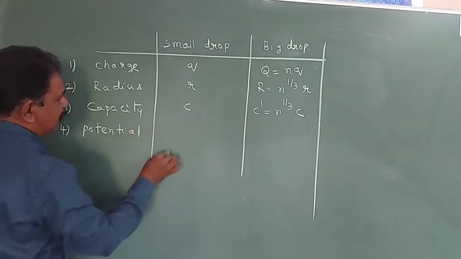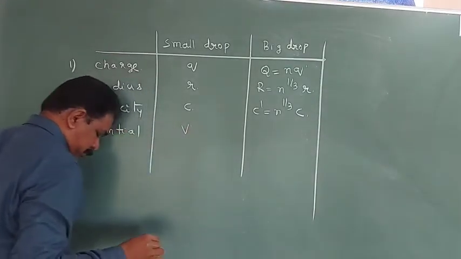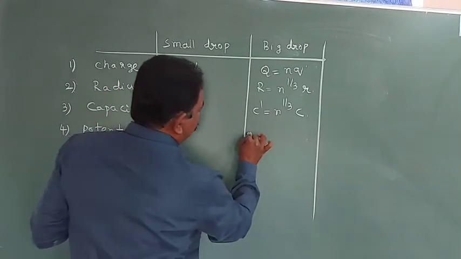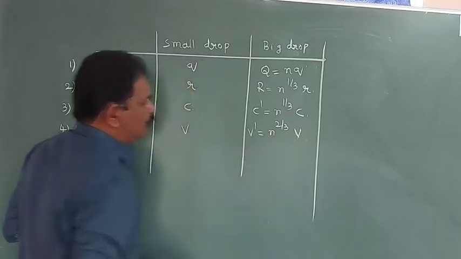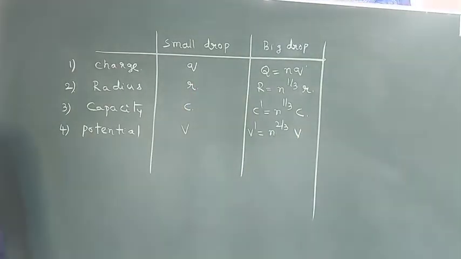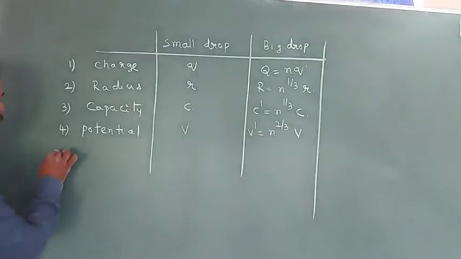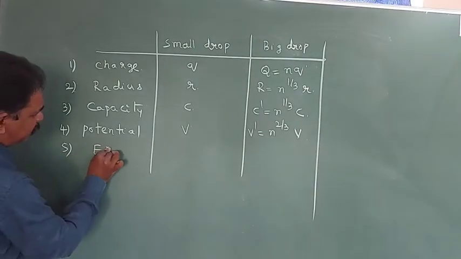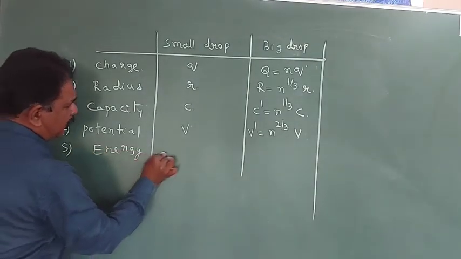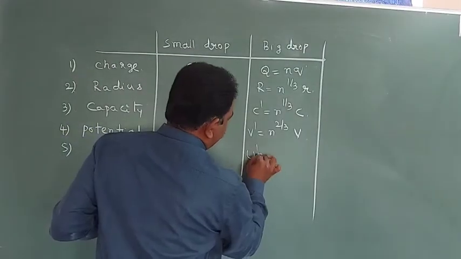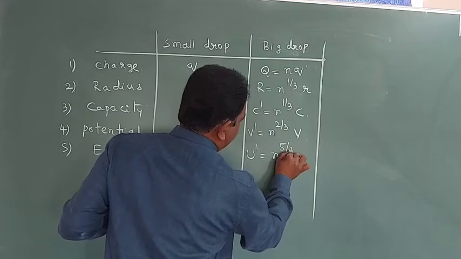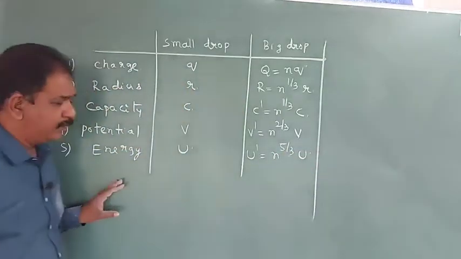Its potential for the small drop is V. For the big drop, its potential will be n power 2 by 3 into V, isn't it? Next, energy. It is U. It will be n power 5 by 3 into U.